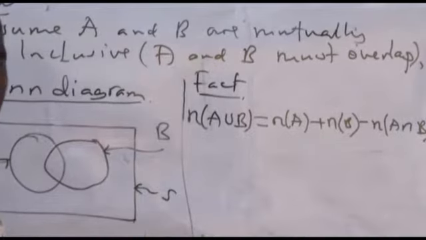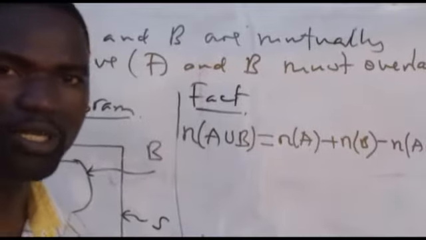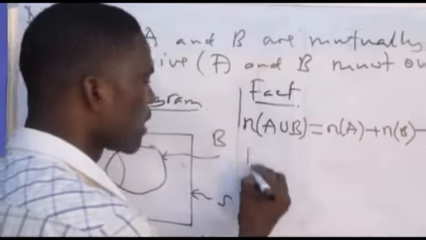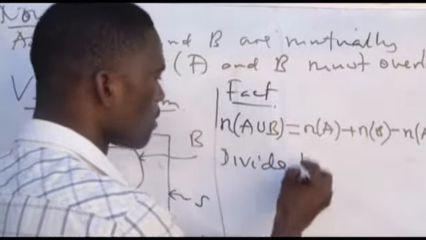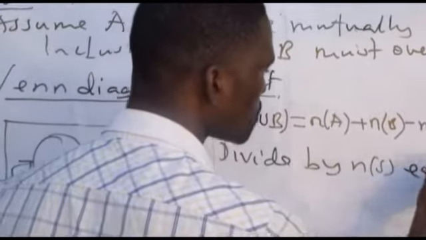In order to convert this set formula to become the probability formula, what you do is divide each term by the number of elements of the sample space.